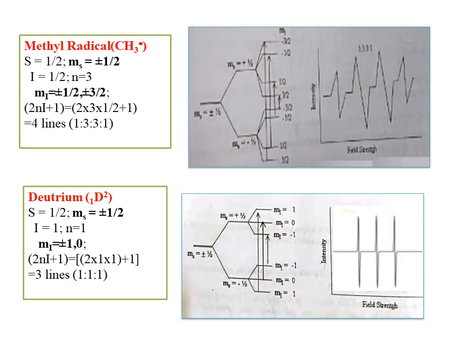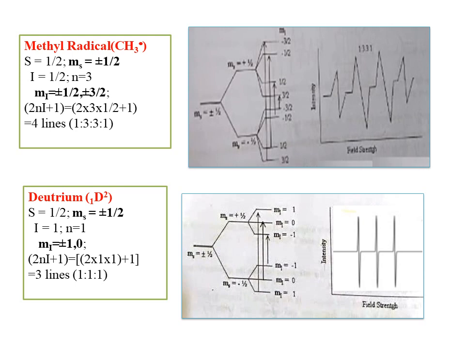For the methyl radical, there are 3 magnetically equivalent protons. Therefore, as per the 2nI plus 1 formula, we get 4 lines in the ESR spectrum because of hyperfine interaction, and since the I value for proton is less than 1, that is half, we get 4 lines with different intensity, whose intensity is 1:3:3:1.